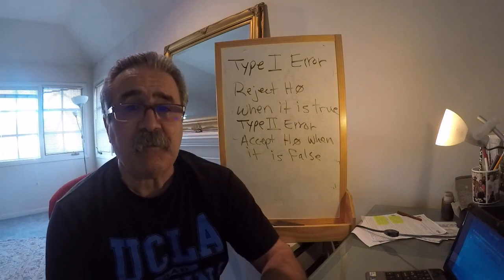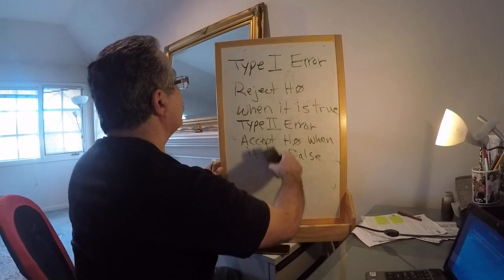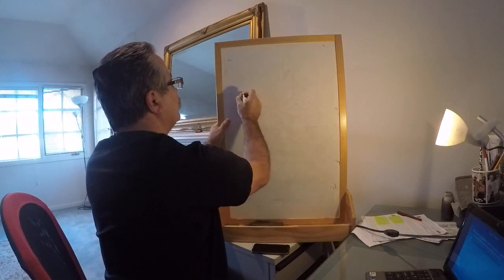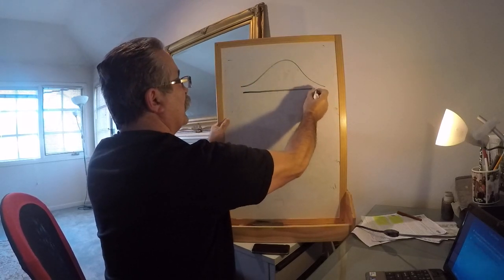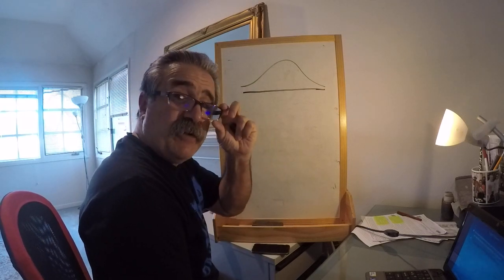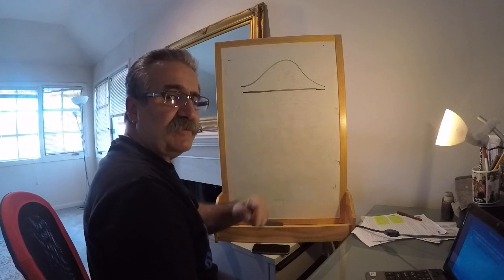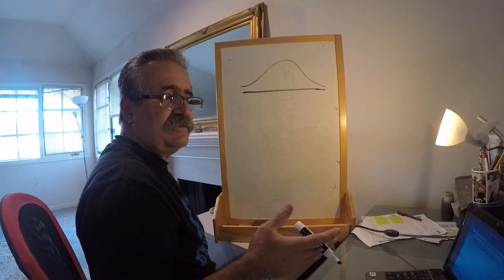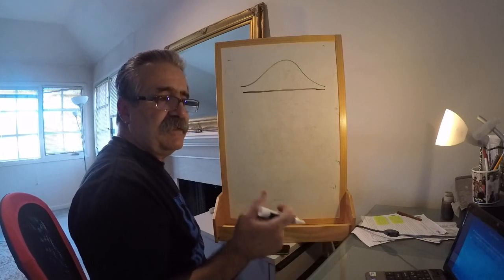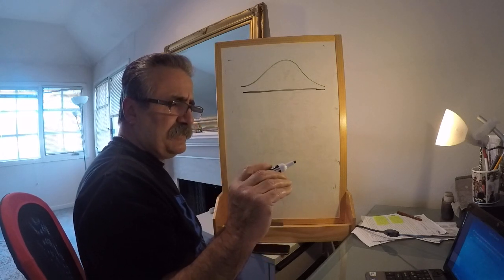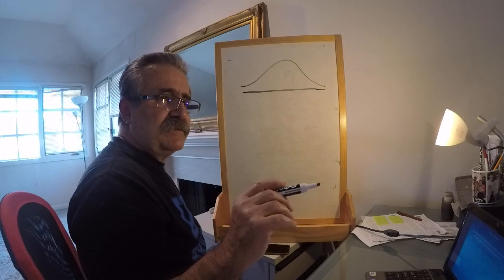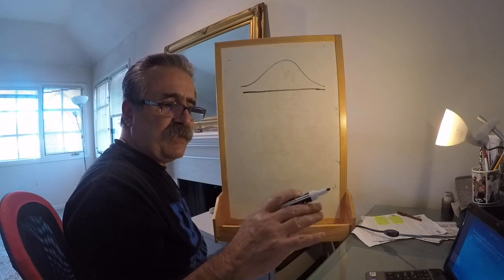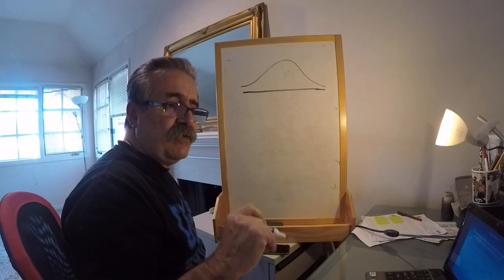Those of you who remember, going back to chapter 8, if you remember, when we were developing that range to create a margin of error, for the sigma known case, x bar plus or minus z sub alpha over 2 times sigma over the square root of n, and for the sigma unknown case, x bar plus or minus t sub alpha over 2 times lowercase s over the square root of n.